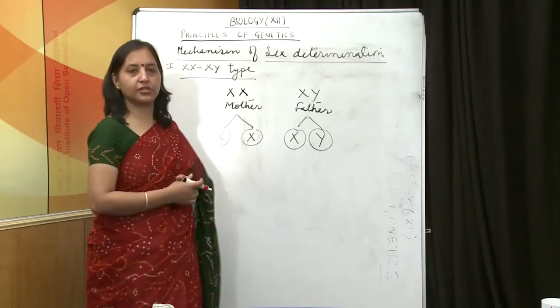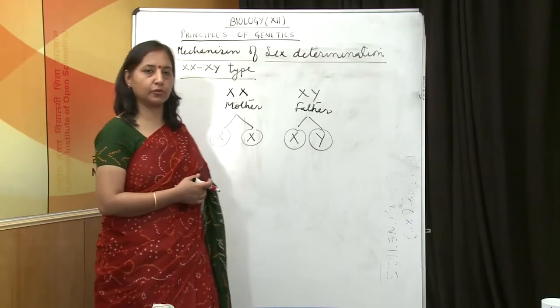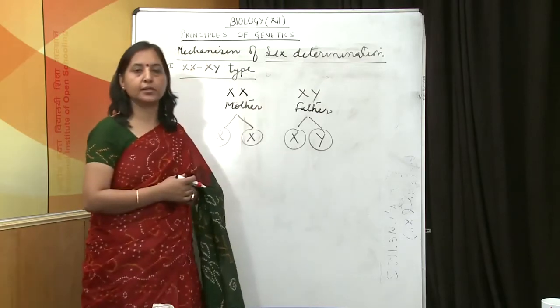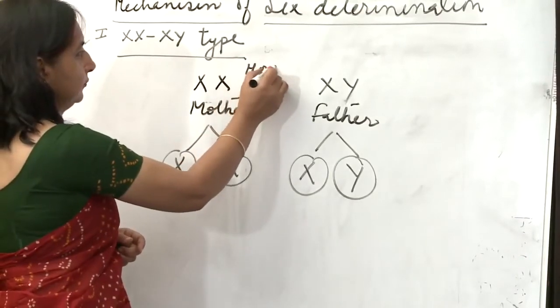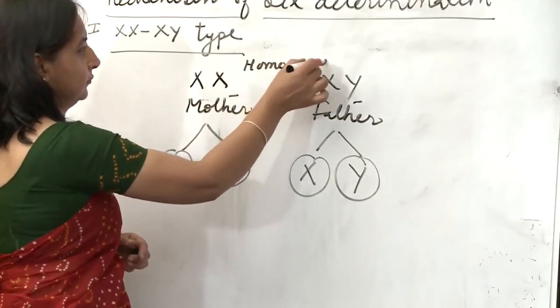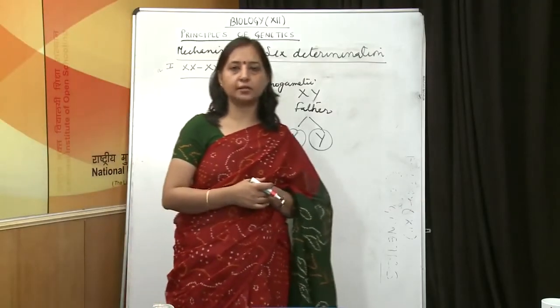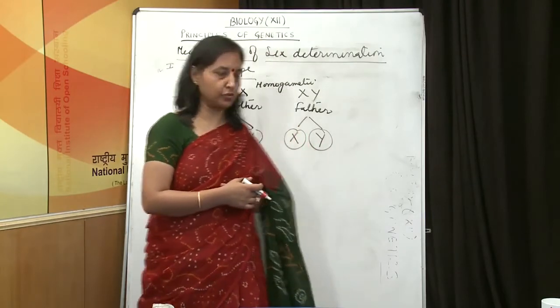All the eggs formed in the mother's body have the same type of chromosome, that is X type. Therefore, in human beings, females are homogametic. Homo means same, so all the eggs would be of the same type because they contain the X chromosome.